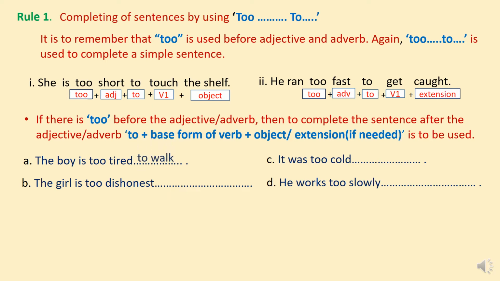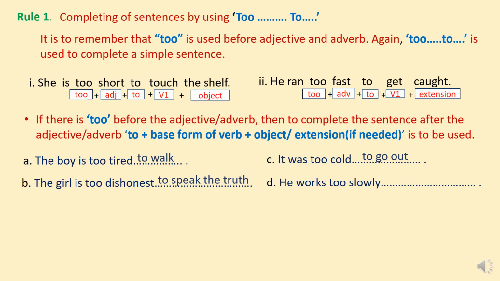Here you can see too plus tired, the adjective, plus to plus walk, the base form of verb. Again, the next one, the girl is too dishonest to speak the truth. Again, it was too cold to go out.